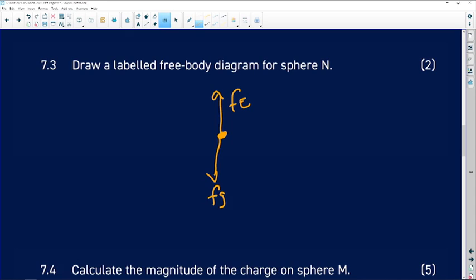So this is our free body diagram. You can even write weight here. You are welcome to do that, and you still get 2 full marks.